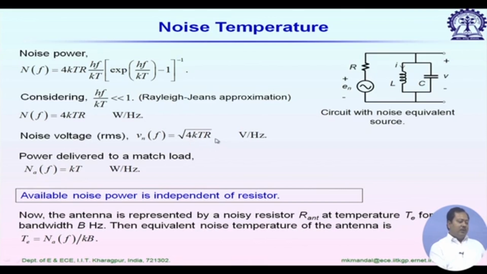Now, also we have seen last day that whatever power is being generated by this resistor, it is not available to the system. You recall the maximum power transfer theorem.